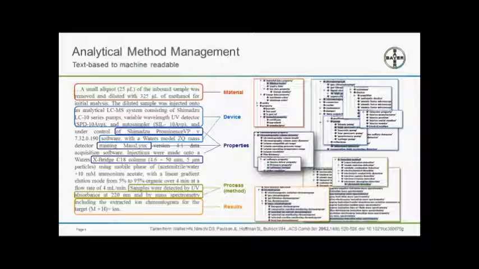And on the right-hand side, you see how we exemplarily map that to the Allotrope Foundation ontologies, and that makes this human readable text block machine readable in a unique way that can be interpreted directly from, for instance, the MS software, and there's only one way of interpretation.